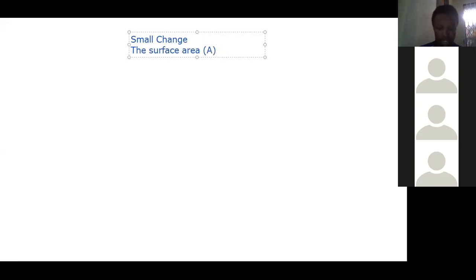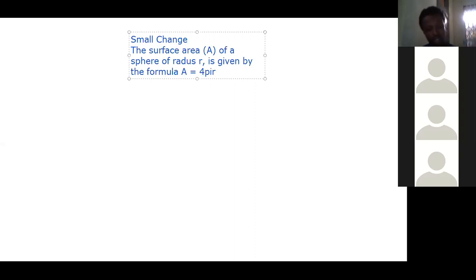The surface area of a sphere of radius r is given by the formula A is equal to 4 pi r squared.